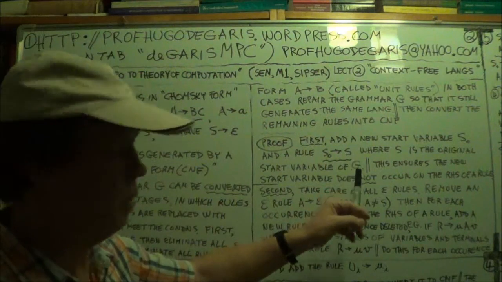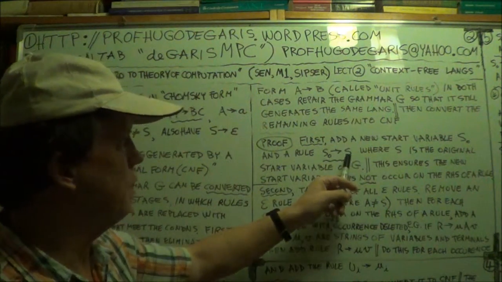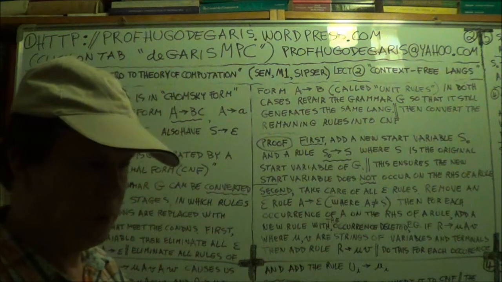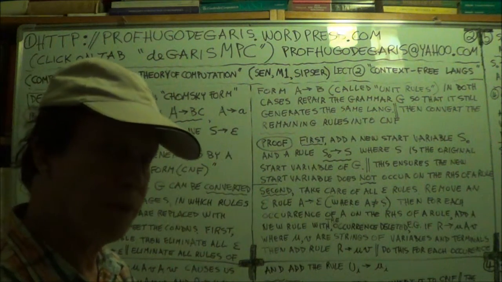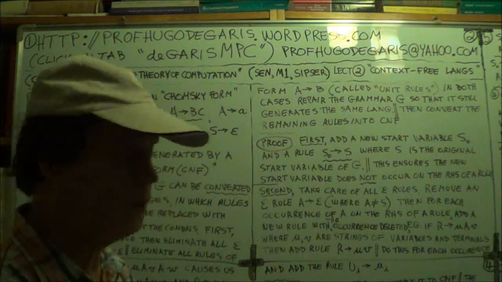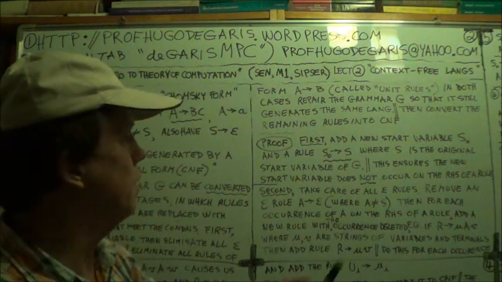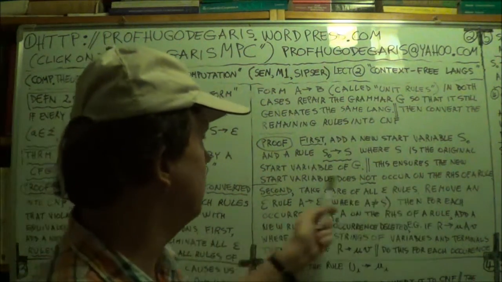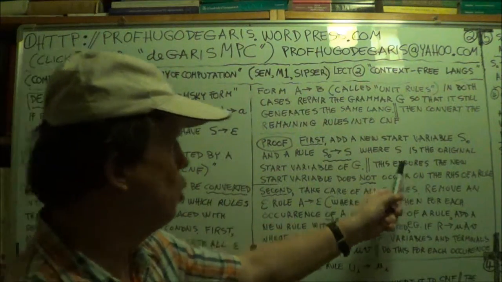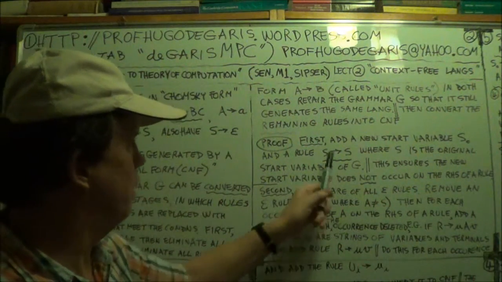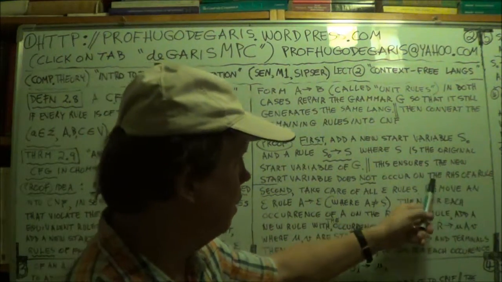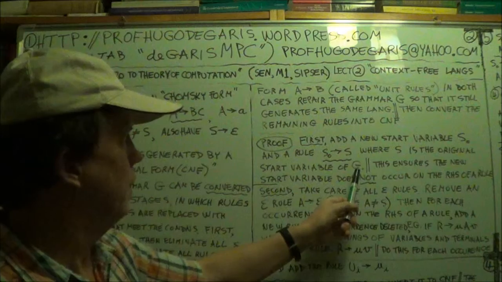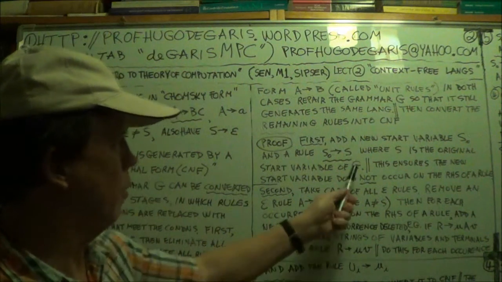Now, in your old grammar, this S may also appear on the right-hand side of one or more of the rules. To avoid that situation, you create this new variable S0. So this ensures the new start variable does not occur on the right-hand side of a rule of your original grammar G.